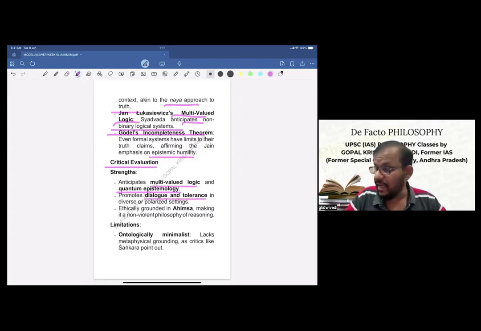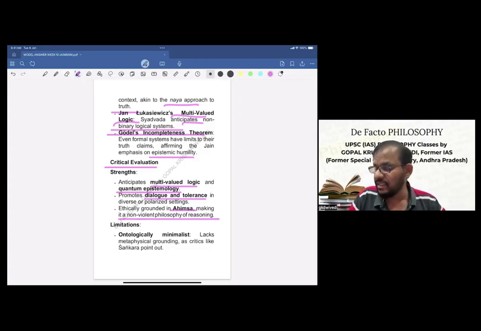It is ethically grounded in ahimsa, making it a non-violent philosophy of reasoning. As I have already told, this is very important for the GS4 ethics paper also, where it is called intellectual ahimsa.